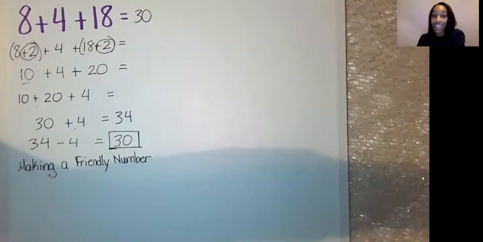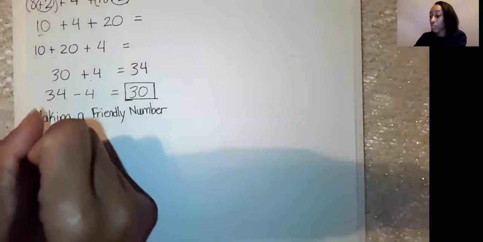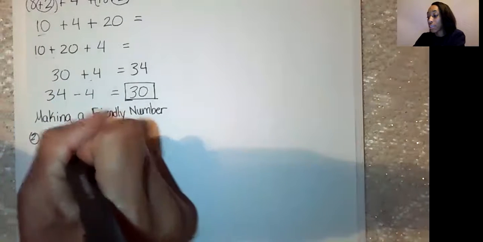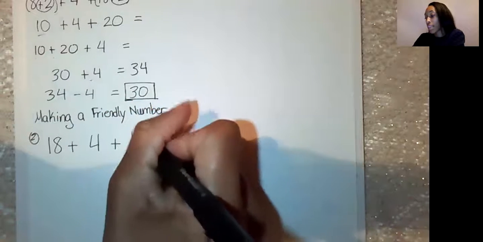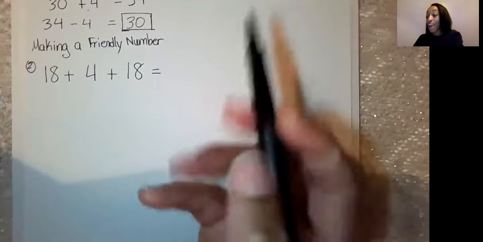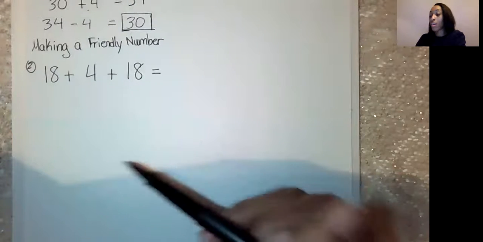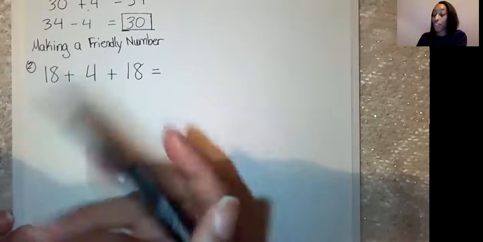Okay, here's the next one. We have 18 plus 4 plus 18. Okay, using what I know and what strategies I know, I already see two addends that are close to those friendly numbers. So I'm going to add up to get to that friendly number.